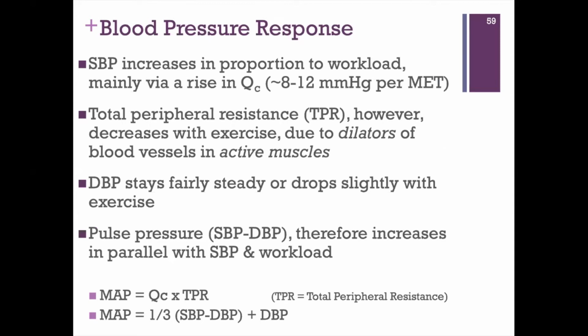Systolic blood pressure increases in proportion to the workload, mainly via that rise in cardiac output. So we usually get an increase of about 8 to 12 millimeters of mercury per MET that we are exercising. Total peripheral resistance, however, is decreasing with exercise due to those local vasodilators of the active muscles. So the diastolic blood pressure stays fairly steady or can even drop slightly with exercise.